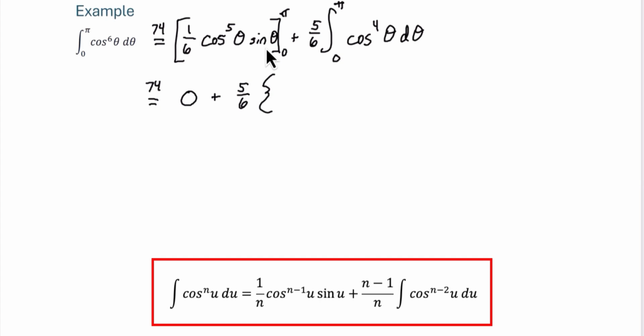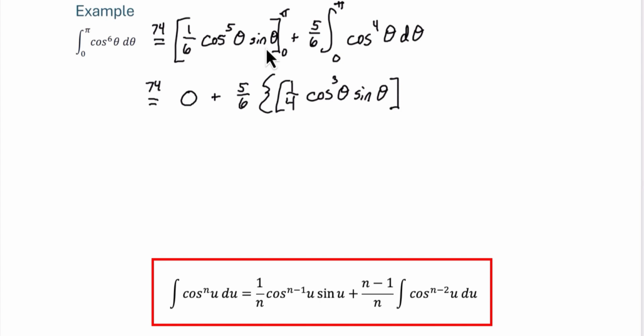Now we'll use that rule again, which is 1 divided by n. N in this case is 4. Cosine of n minus 1, that is 4 minus 1, which is 3, theta, sine theta, and we'll close that off.